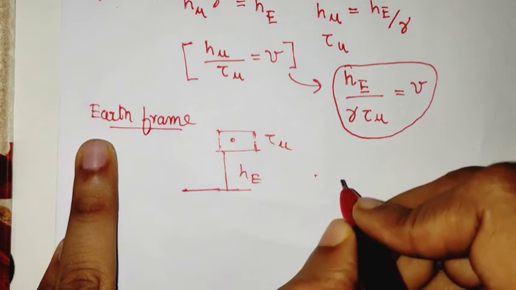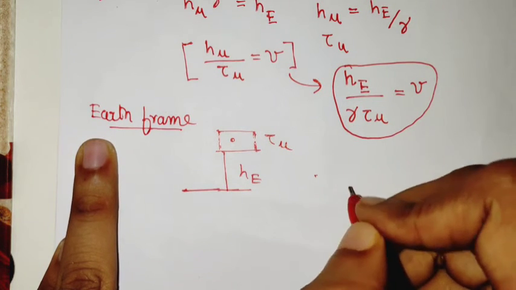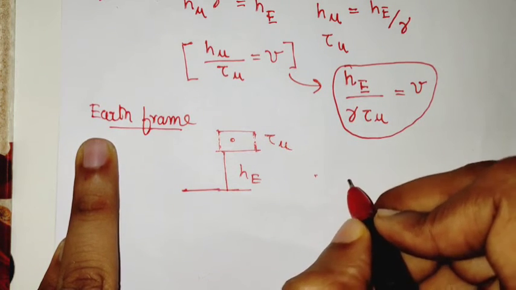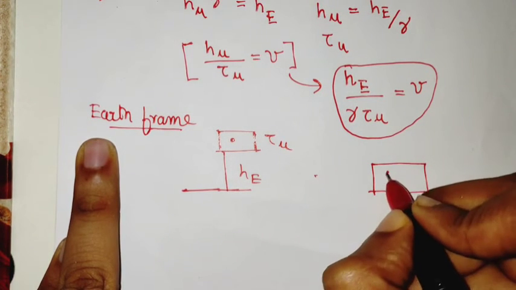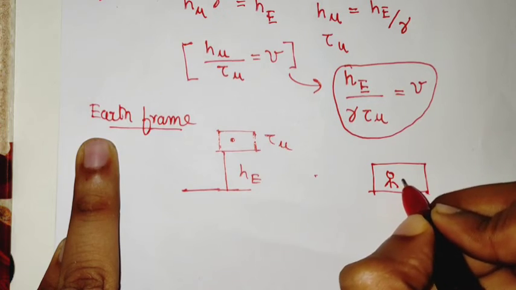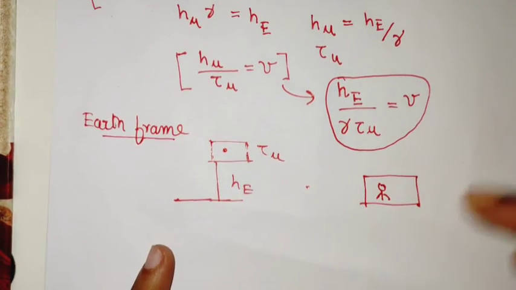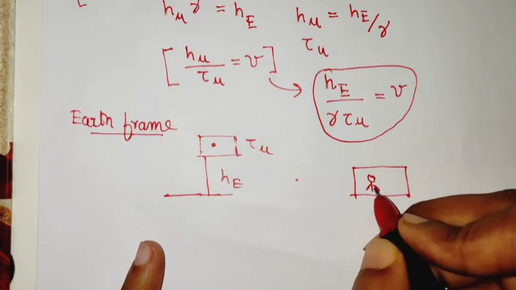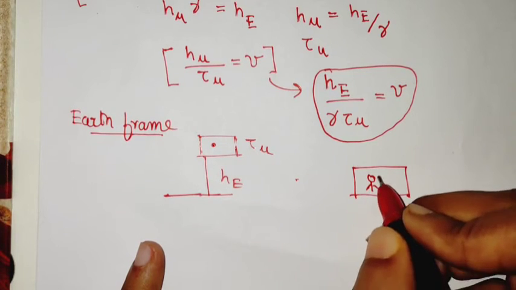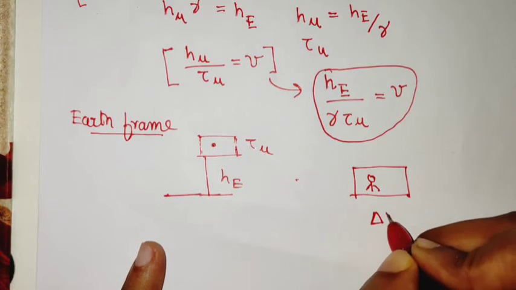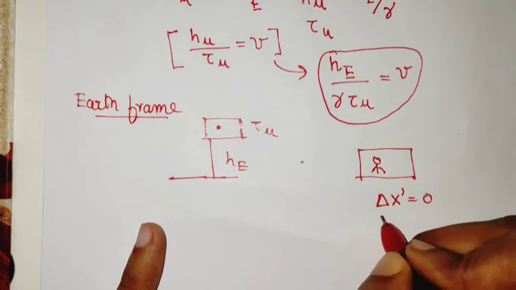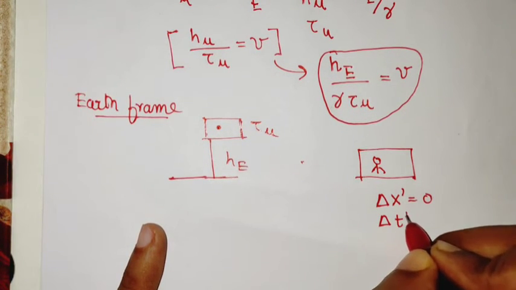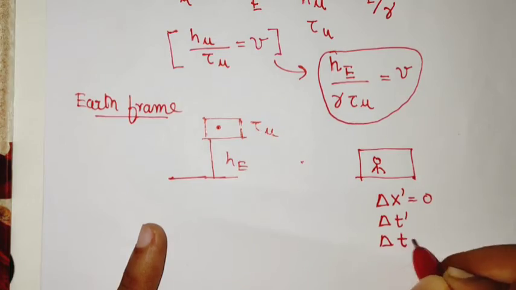So we apply time dilation. You are sitting in a train and you look at your clock. The important point in time dilation is that when you look at your clock, you are yourself not moving. So delta x prime is equal to 0, and with this condition you have to relate delta t prime with delta t.